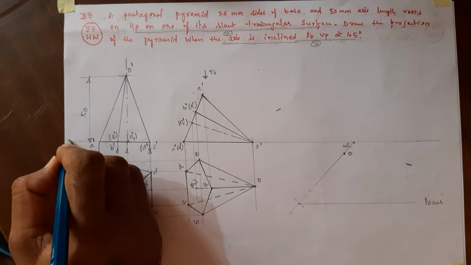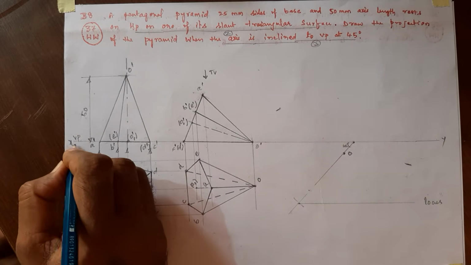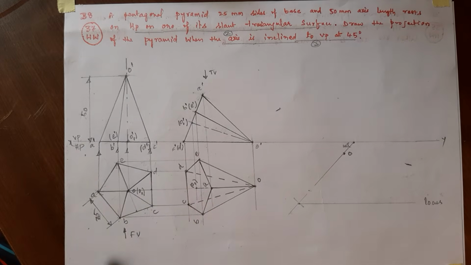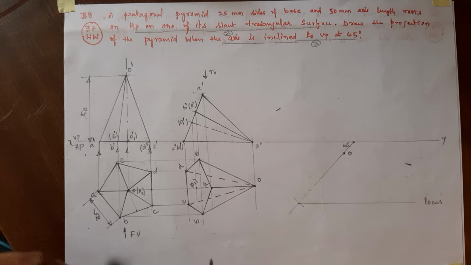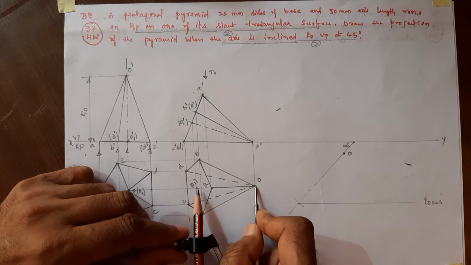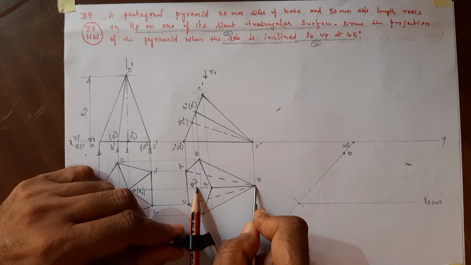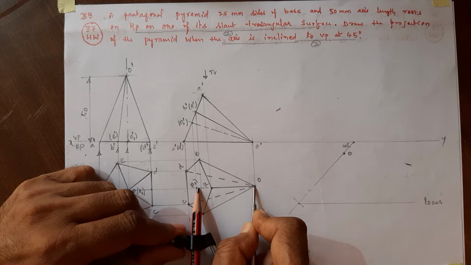Now see, this is the XY line, this is VP and this is HP. Now again take the compass, measure the axis length in the top view, the second portion. So this is o1.